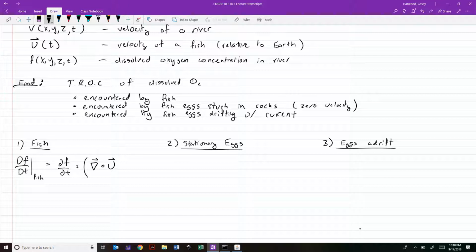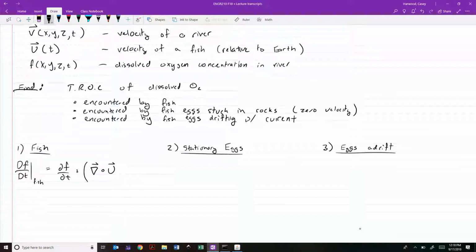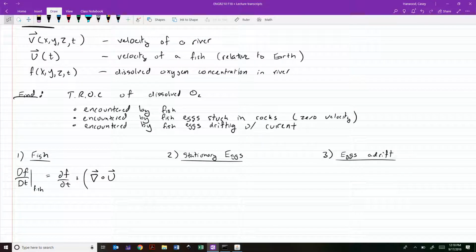That's correct. Another way of thinking about it is, the fish's velocity is irrespective of the river's velocity. We've established that f is a field of oxygen concentration in an Earth-fixed frame, and so regardless of how the river's flowing, we care about how the fish is moving through that field. And then f here.